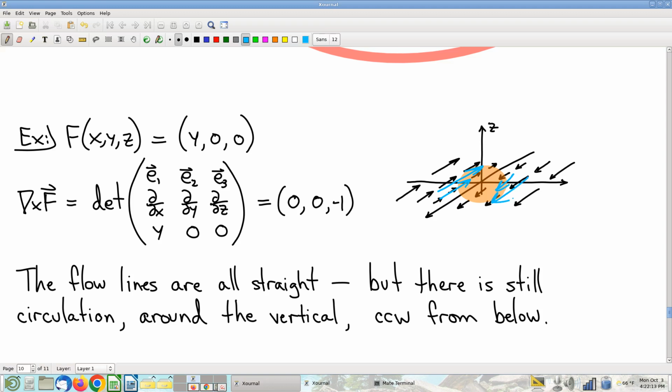And wouldn't you guess that this little boat, or whatever it is that I have in orange, would be rotating, wouldn't it? So the flow lines of the fluid are straight, but there's still a circulation of the fluid because that boat would sit there and be rotating about like this. So a non-zero amount of curl.